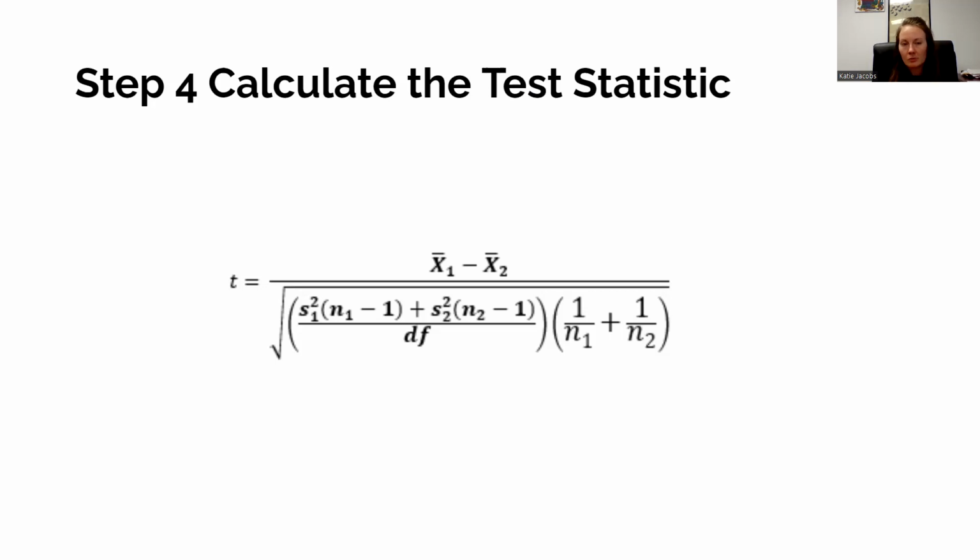So we're saying the variance of group 1 times open parentheses, the sample size of group 1 minus 1, close parentheses, plus the variance of group 2 times open parentheses, sample size of group 2 minus 1, close parentheses, all that divided by degrees of freedom, which we will learn how to calculate. That's going to be a new one. And then we multiply that by 1 divided by the sample size of group 1 plus 1 divided by the sample size of group 2.